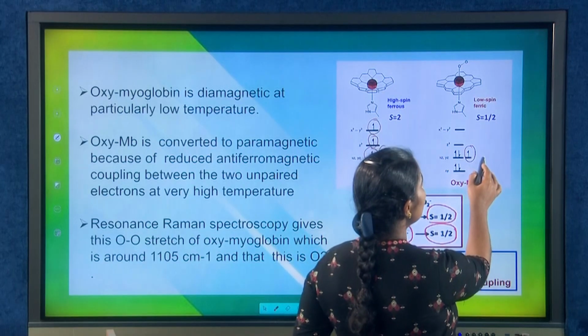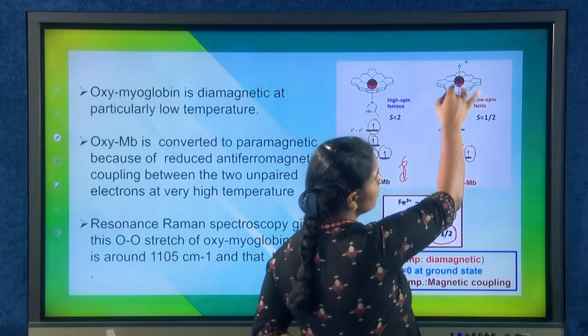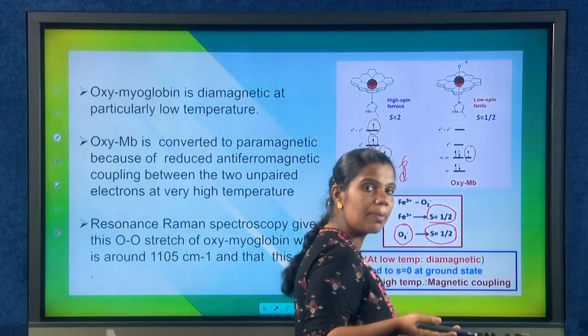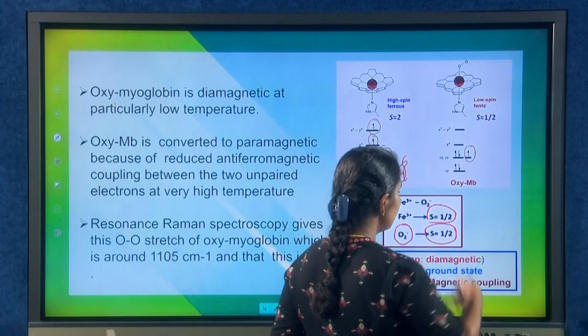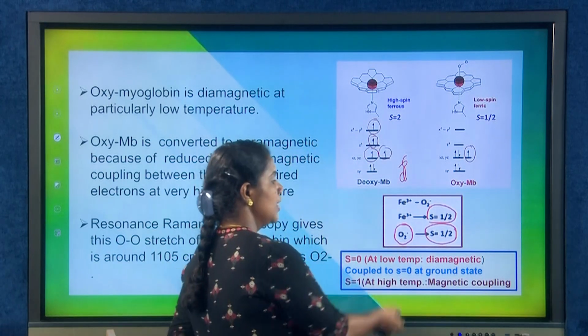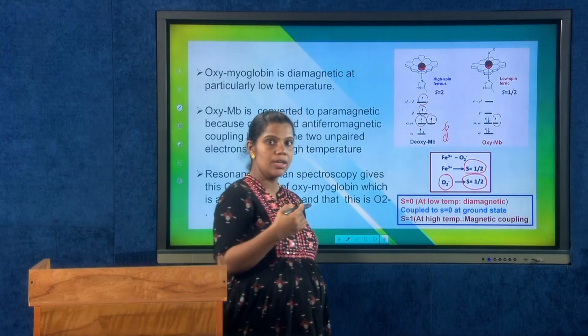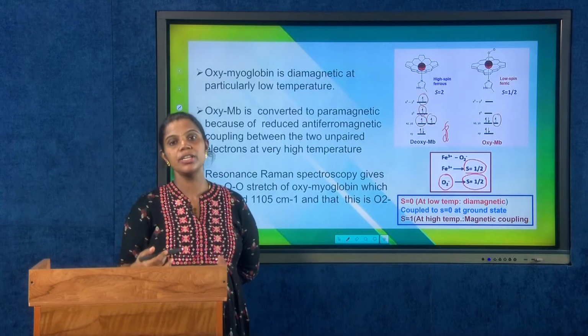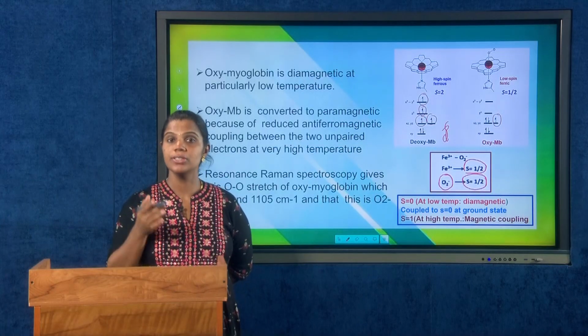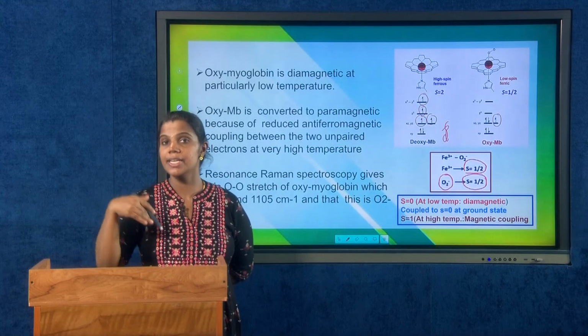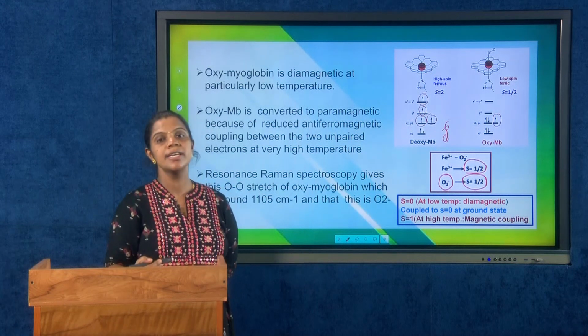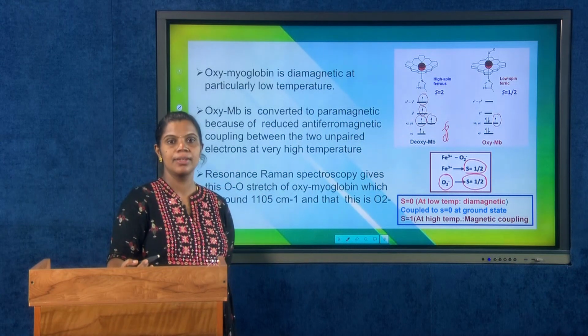It has an unpaired electron, and the superoxide radical also has an unpaired electron, and they are antiferromagnetically coupled, which is predominant at the ground state at low temperature. However, the situation is quite different at higher temperature because the antiferromagnetic coupling intensity will reduce.